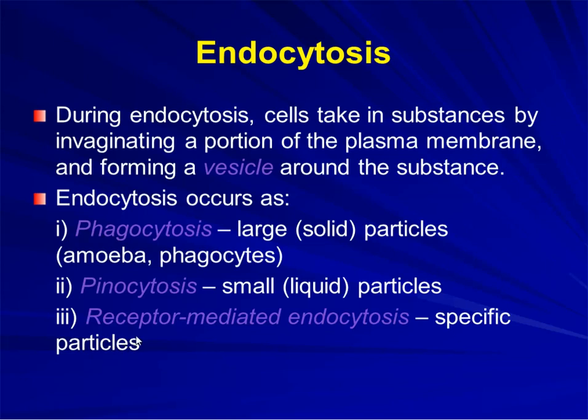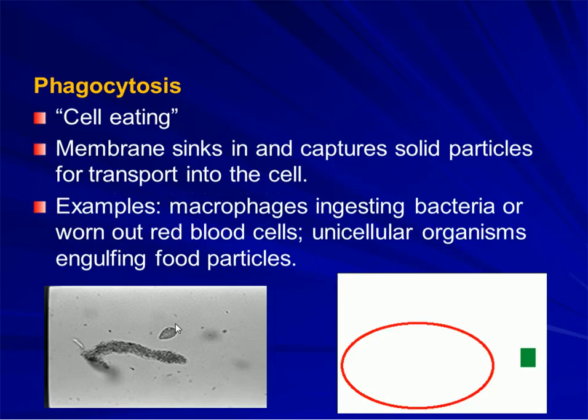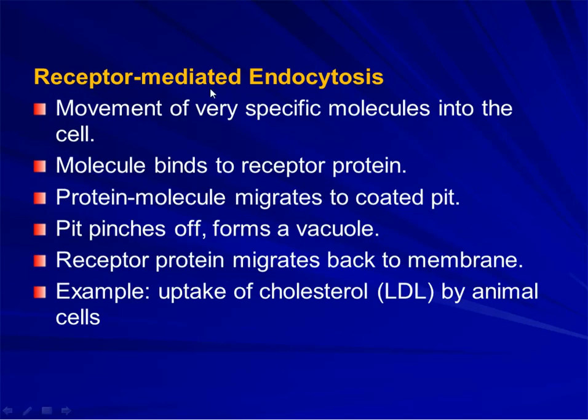This is based on binding to the receptor protein on the surface of the cell. In receptor-mediated endocytosis, first of all, the specific substance needs to bind to the receptor protein on the surface of the membrane. If the binding is complementary, only then will it be taken up into the cell. The example is the uptake of cholesterol in animal cells.